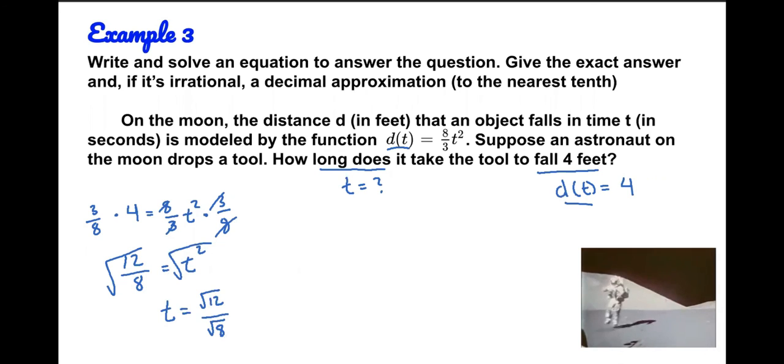Now here we're going to simplify. Before I simplify, guys, I'm going to continue with the fraction. 12 divided by 8, I can reduce this by 4, and I get 3 over 2.